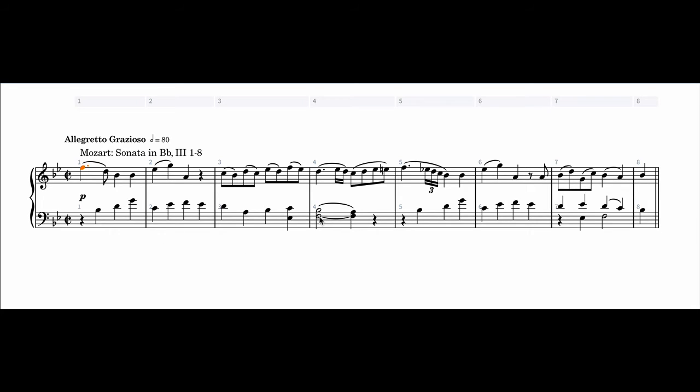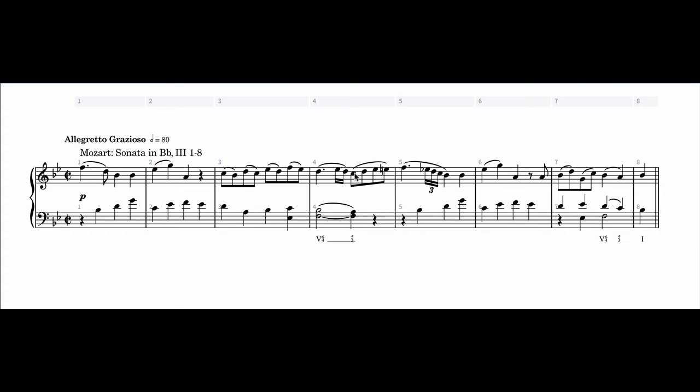When we get to the end of the first phrase here, what we see is we have a cadential 6/4 going to a 5/3 there, and at the very end we have a 6/4 going to a 5/3 going to the tonic.